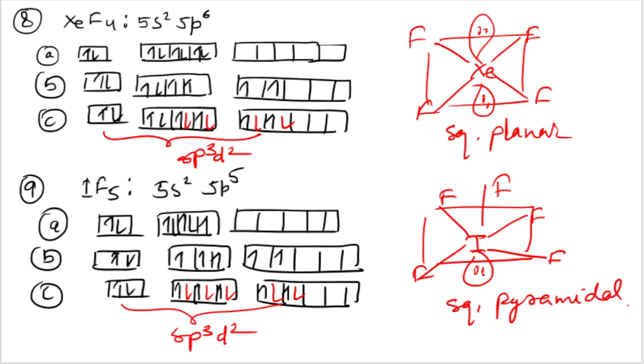The lone pair of electrons is present in the axial position. So this is what I drew in the exam structure. This is a stable structure. Okay, so this is a square pyramidal structure.